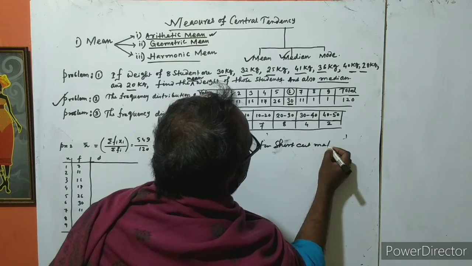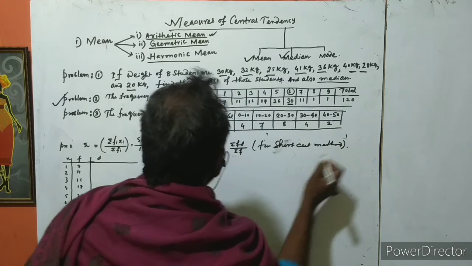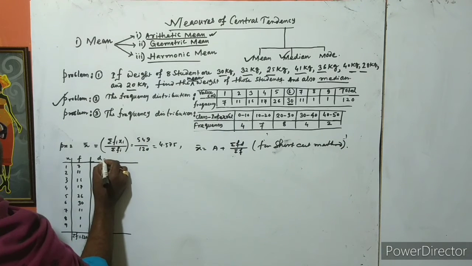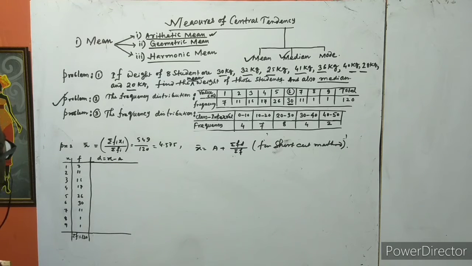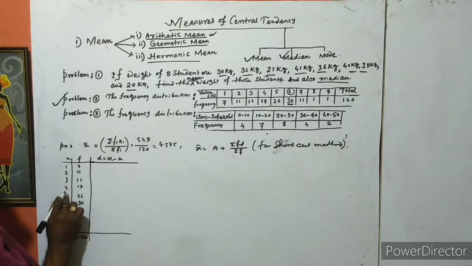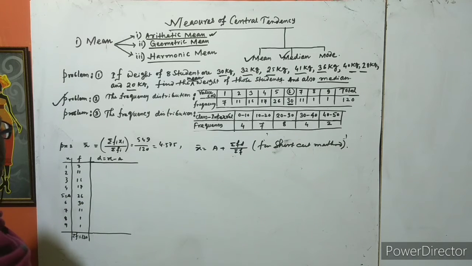So d is equal to here x minus a, and a is your choice. You may be use middlemost value actually, either 4, either 5, either 6, and use here 5 as a, and that's why a is called the assumed mean.